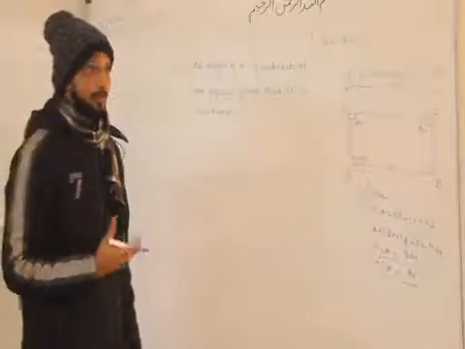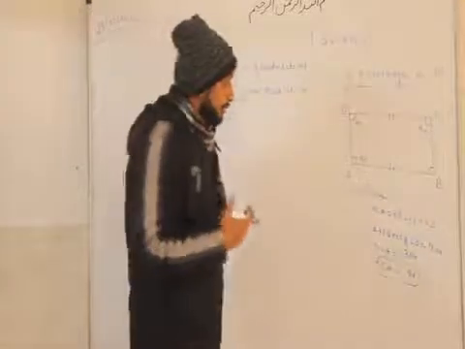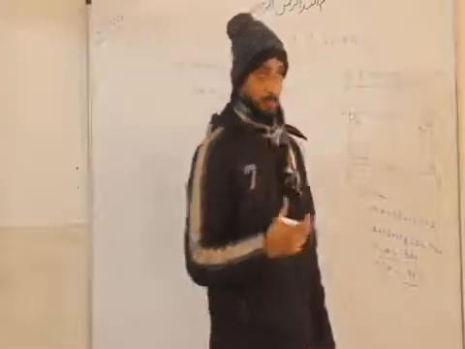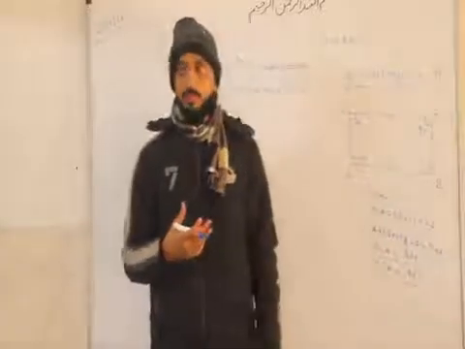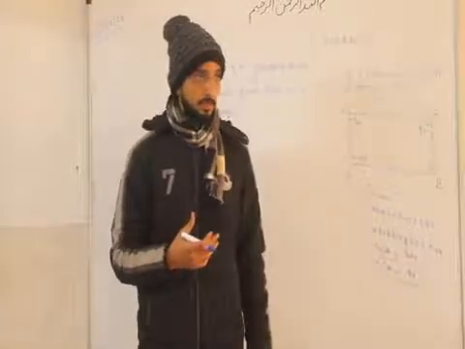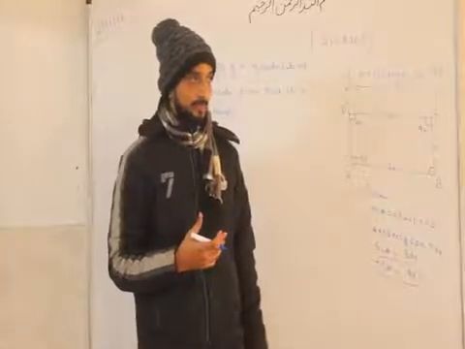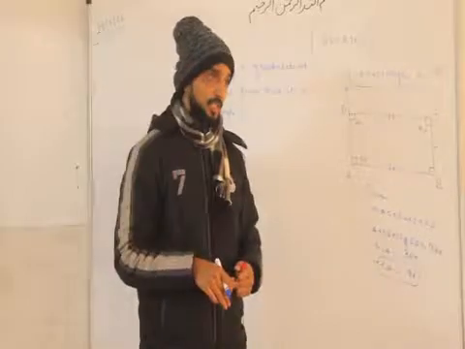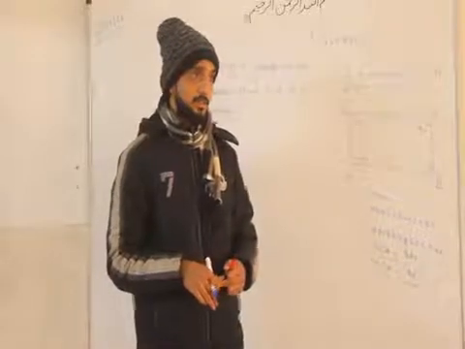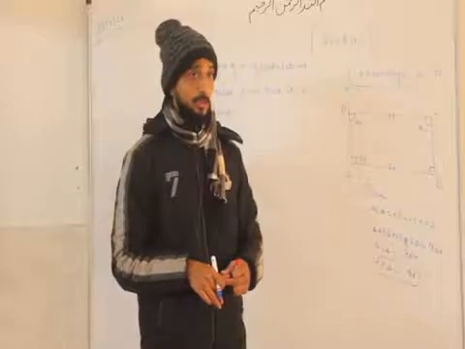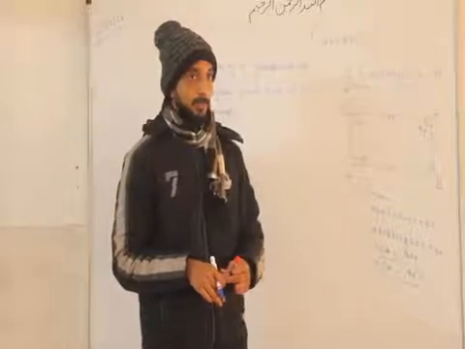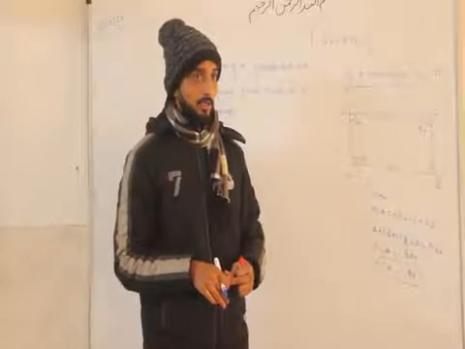What are the properties of a rectangle? Basically we go through the properties of a rectangle. Opposite sides are equal and diagonals are also equal. And what is the case of a square? In a square, diagonals are equal. So these are the matching properties.